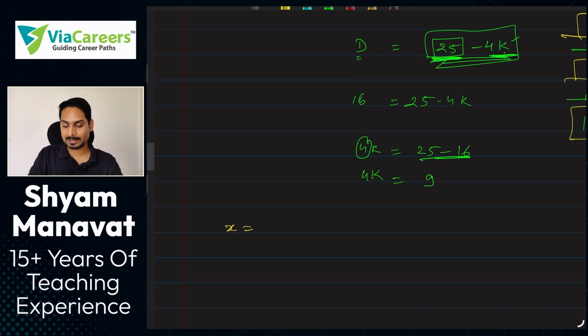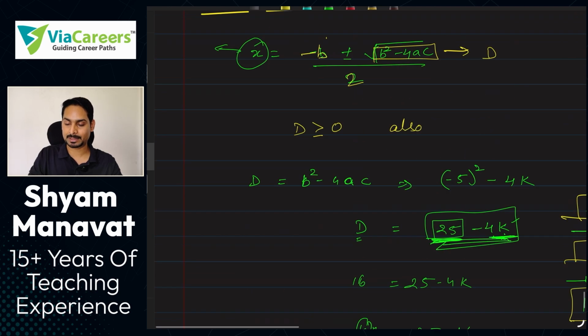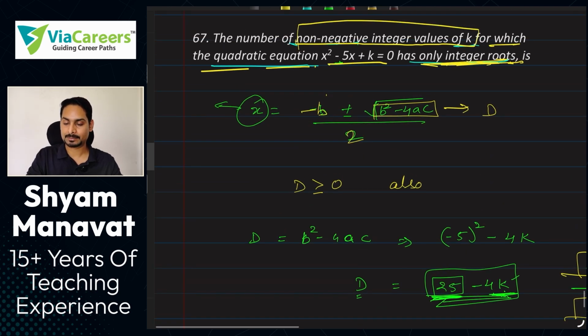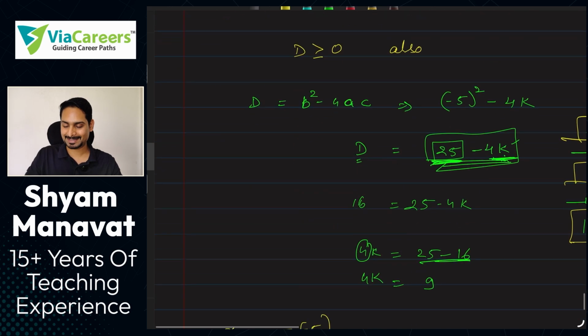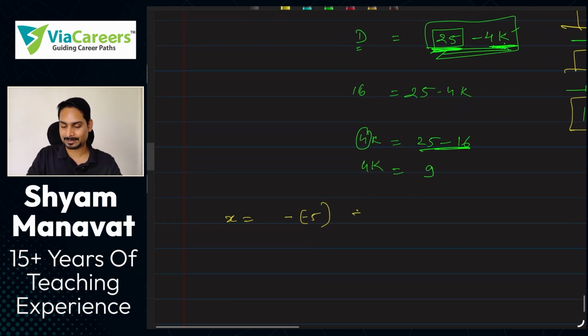So if we look at this x which is minus b, तो ये क्या हो जाएगा minus of minus 5. कैसे पता चला? अरे इक्वेशन में दिया है. Here if you compare the equation with ax square plus bx plus c equal to 0, that's how we got b equal to minus 5, right? Okay, minus 5. This is plus minus square root of the discriminant, by 2.